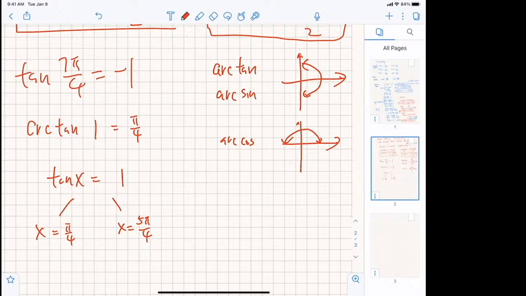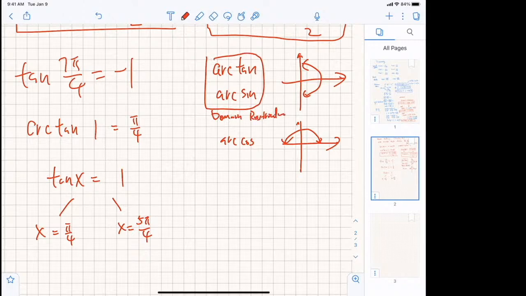It cannot be 5π/4. It has to be π/4. I don't know if you guys remember this. Yeah, I remember this. Make sure that arctan and arcsin both have a domain restriction.